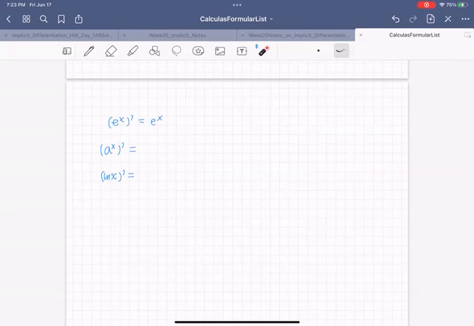Okay. Aiden, why do you have e to the power a ln of a to the power x equal e over x? That doesn't sound right. The last step, that's not right. That's not right, okay?